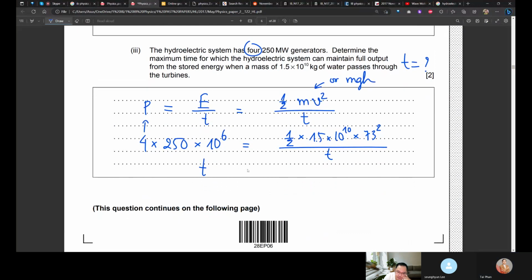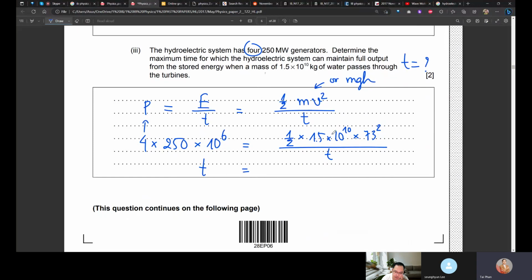The time means how long for the water to pass through these 4 generators or 4 turbines to produce that amount of energy in 1 second, because the power is the energy produced in 1 second.